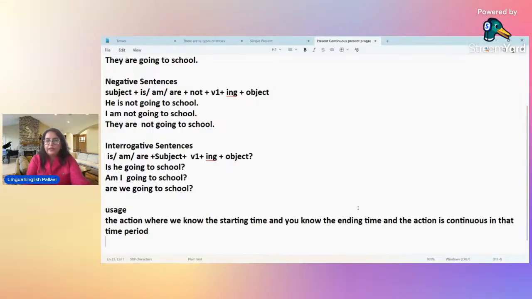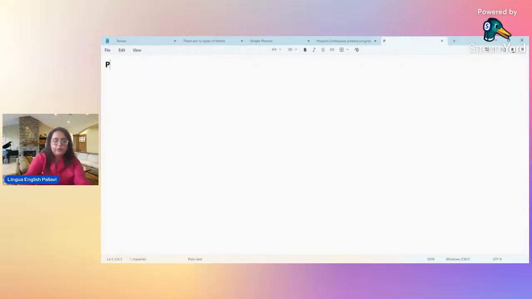So now let us move towards the next tense, that is present perfect tense. What happens in present perfect tense? First, let us learn the rules, that is positive sentences. What are the rules for it?